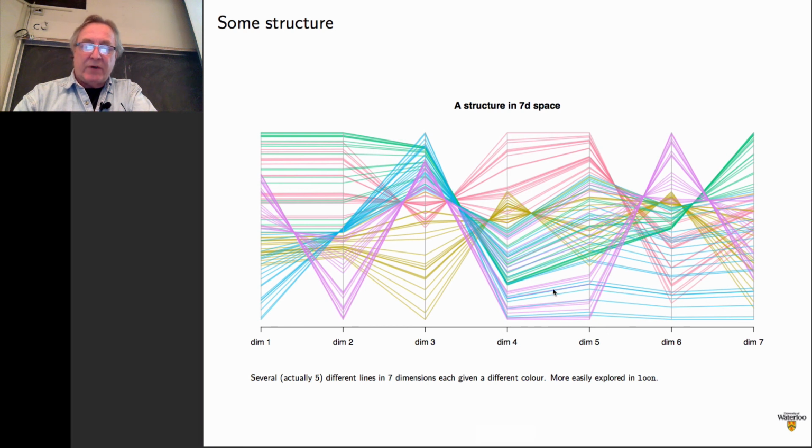Between dim 4 and dim 5, they're converging to the left. Between dim 5 and dim 6, they're converging to the right, and so on. Every one of those colors is a line. So what we actually have are 5 different lines in 7-dimensional space. See that beautiful pinch point construction.